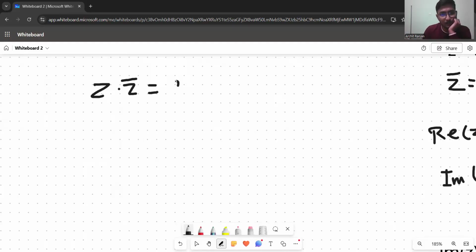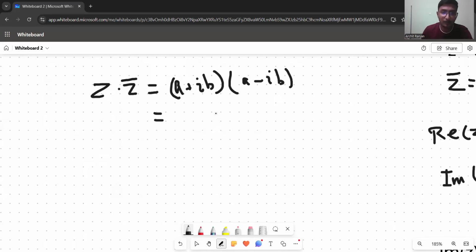So what will be the answer here? A plus iota B, sorry, mistake, times A minus iota B, simple multiplication. A into A is A square, right?